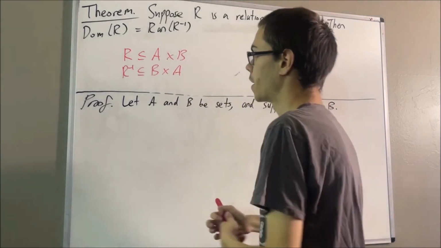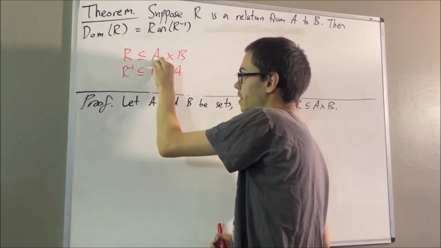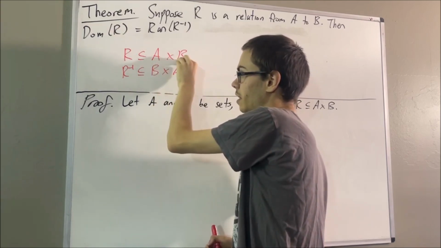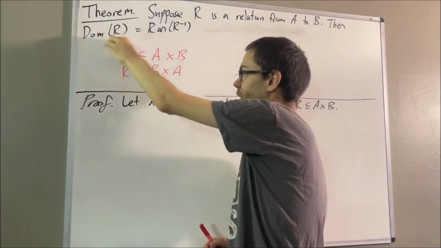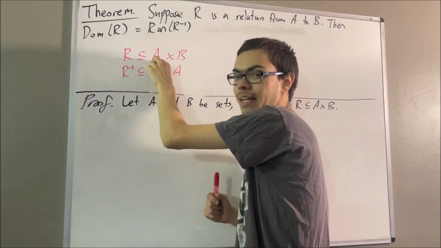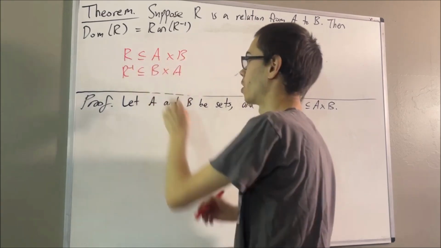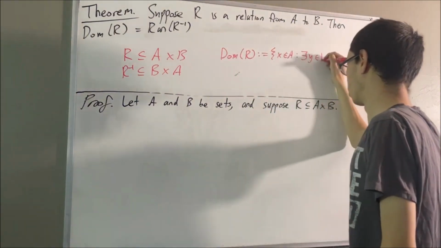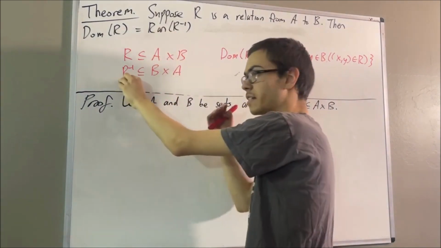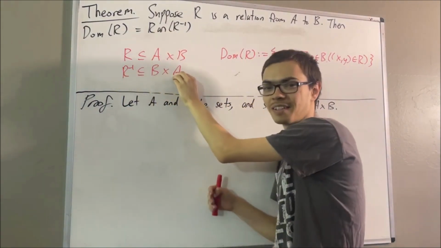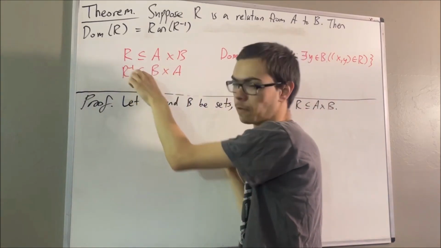And now, from the definition of domain, the domain of R is the set of all elements in this set, such that there is an element in this set where the ordered pair is an element of R. More precisely, the domain of R is the set of all elements X in A, such that there is an element Y in B, such that X, Y is an element of R. And from the definition of range, the range of R inverse is the set of all elements in this set, such that there is an element in this set whose ordered pair is an element of R inverse.